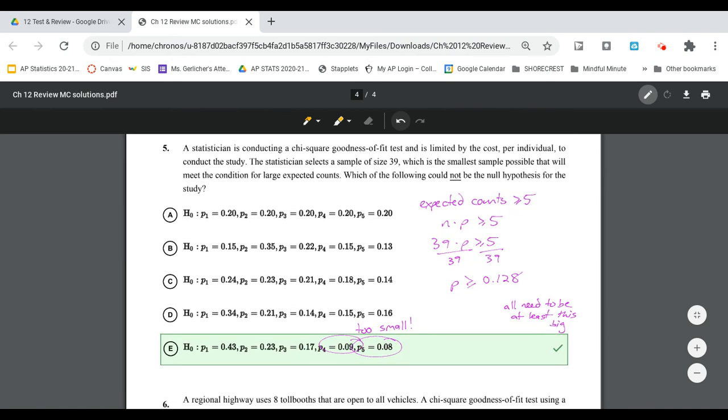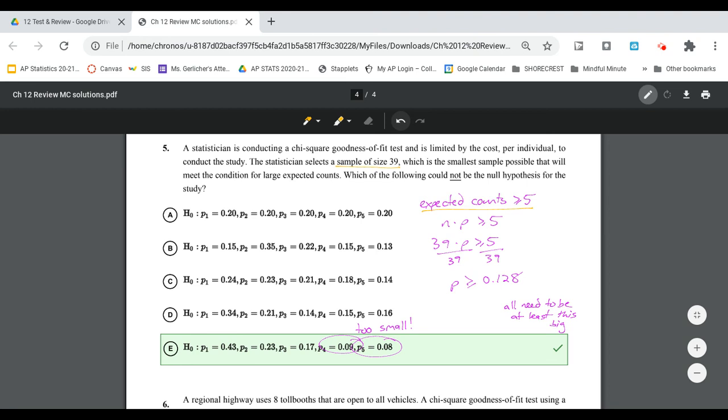For 5, you have to do a little bit of algebra here. We have a sample size of 39, so an N of 39. We know our expected counts need to be greater than or equal to 5 to check off our conditions for chi-squared.